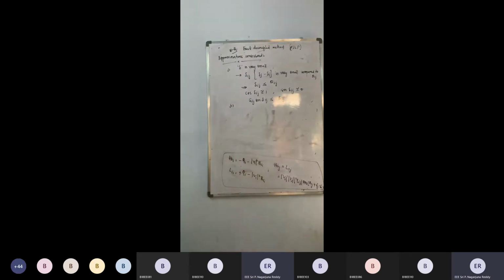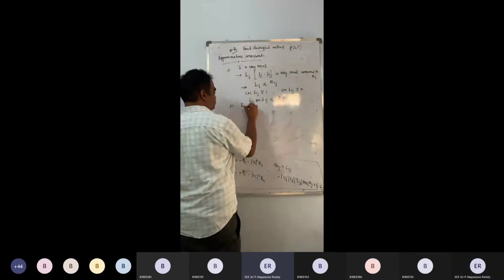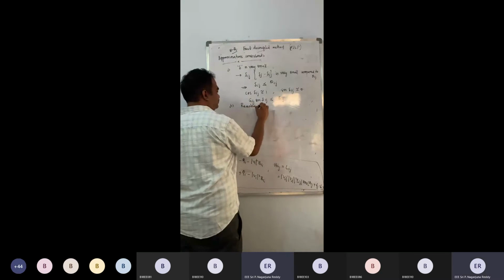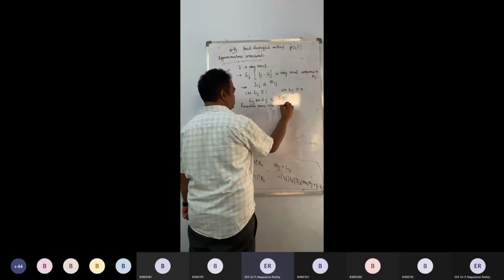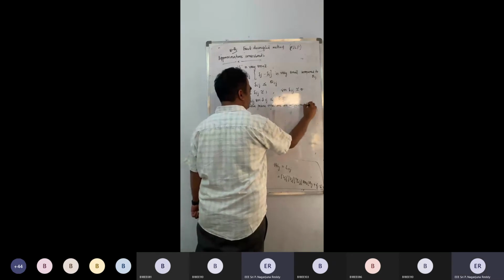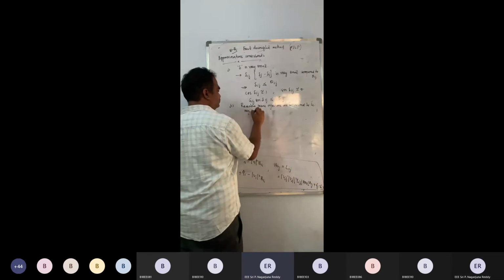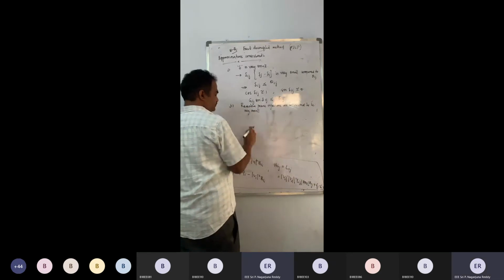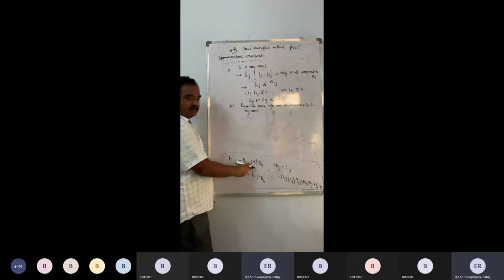And the second approximation is that the reactive power injections are considered to be very small. If you see these two equations, there are two terms.